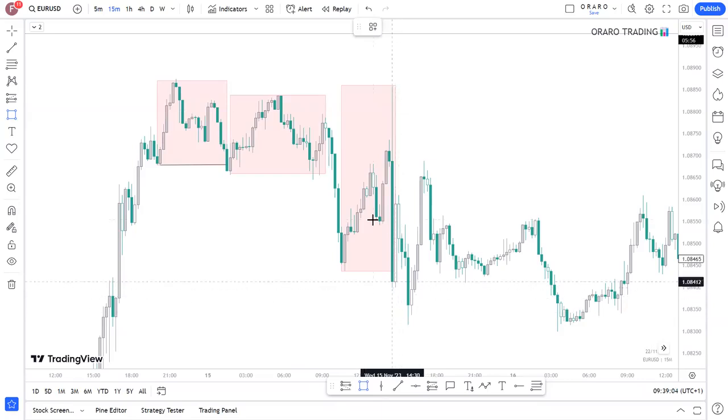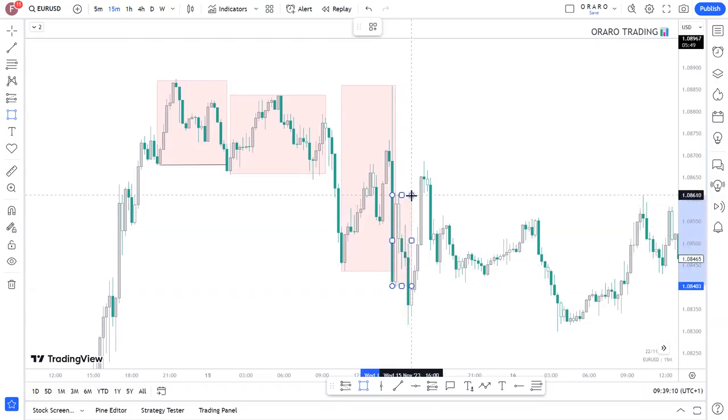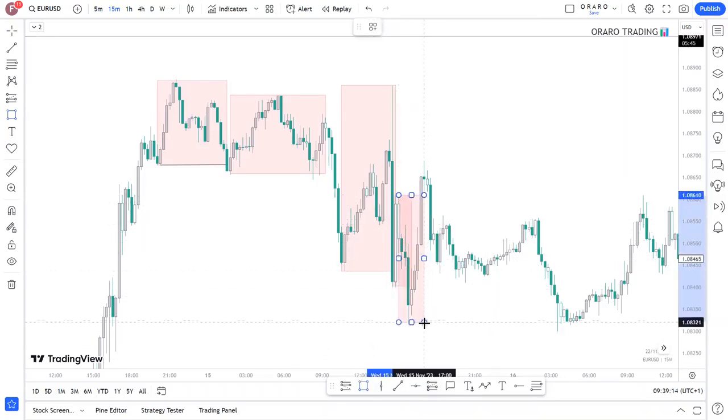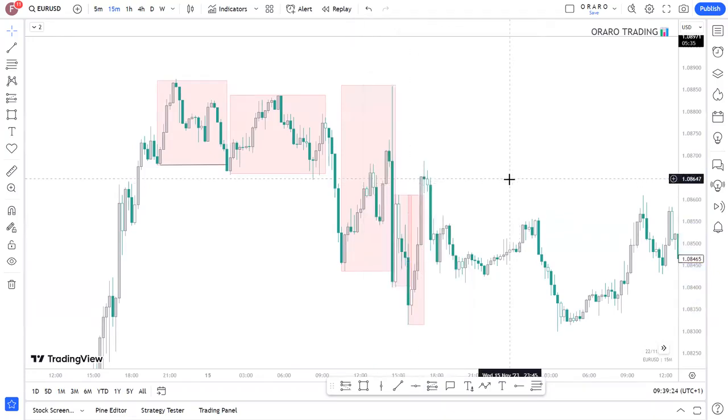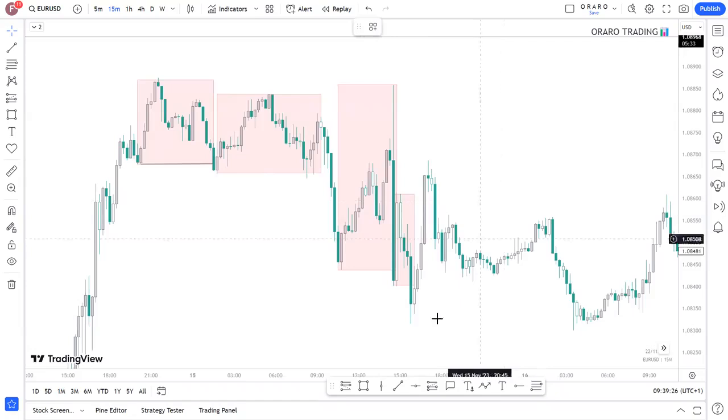There was a break here, but there was a break here though. So order flow was bearish here. Then order flow switched bullish.